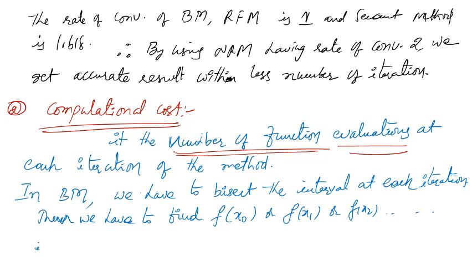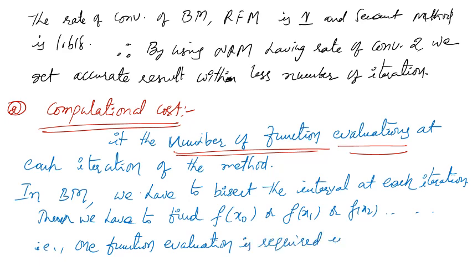That is one function evaluation is required in bisection method. Therefore computational cost of bisection method is 1.